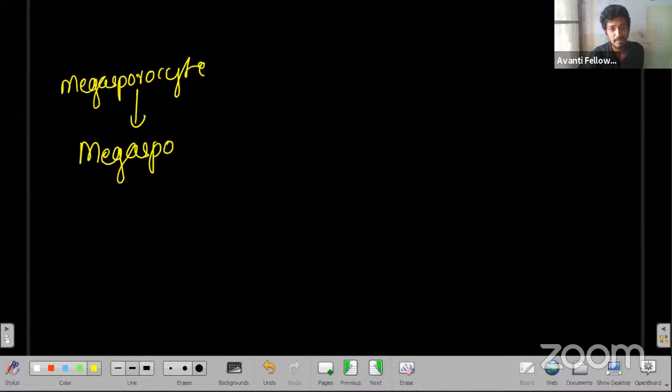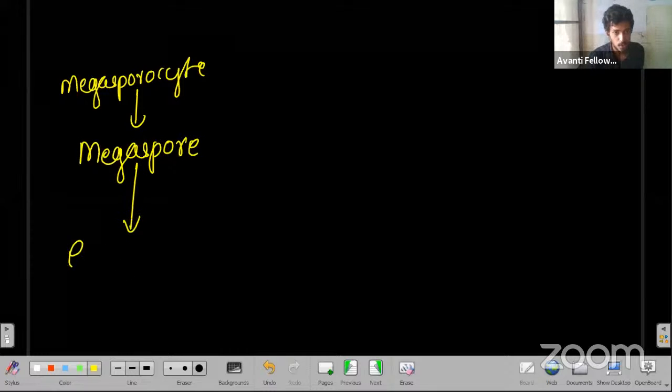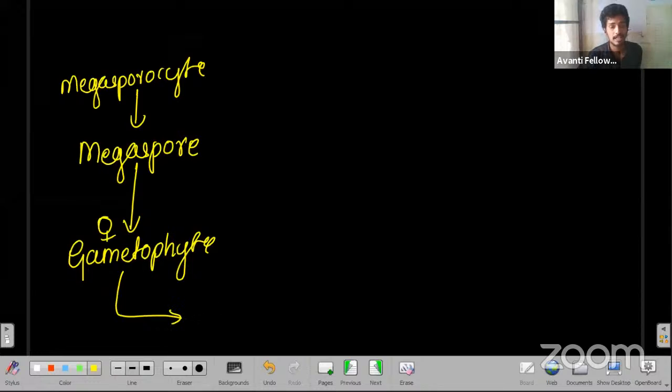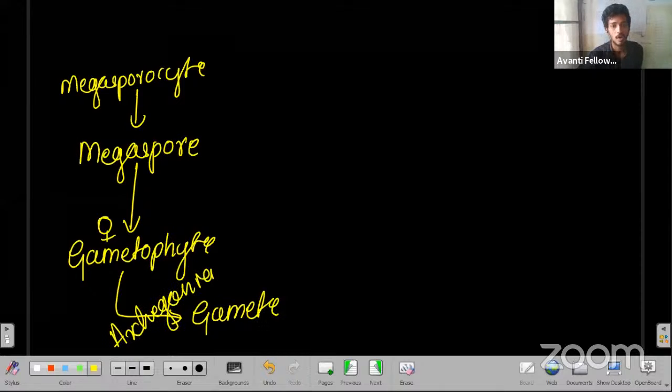Remember, this megaspore only converts into the gametophyte, or you can simply call it the female gametophyte. This gametophyte will give rise to the gamete. The structure you can call archegonia, or you can call this gamete the egg.